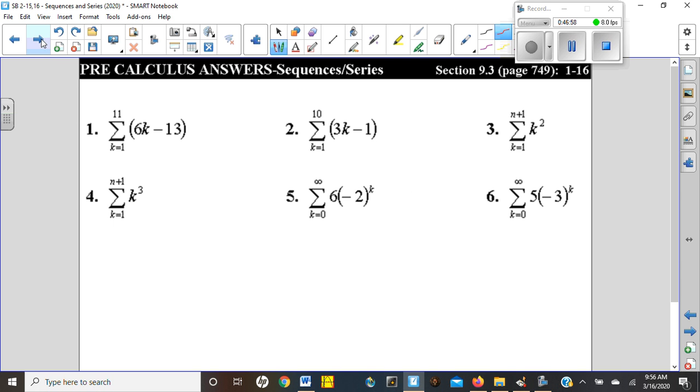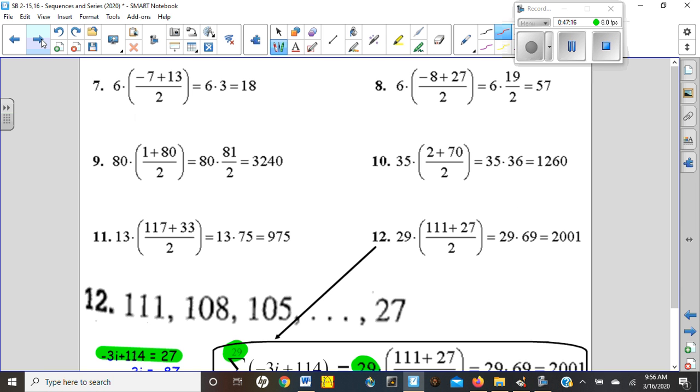In the meantime, though, here are some answers for the first 6 problems from the textbook. I know the textbook has the odds, but here's the evens also. Remember, you can freeze frame this and check them. And then here are the next 6, which appear to all be arithmetic problems.